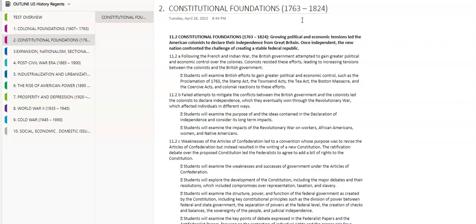The results of that, the issues that come out of that, basically trigger the revolution. Then after the revolution, we write the U.S. Constitution. George Washington, John Adams. 1824 is the Jackson presidency, Jacksonian democracy, which is a big change in how we think about government and the presidency.